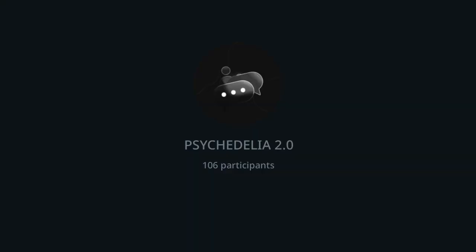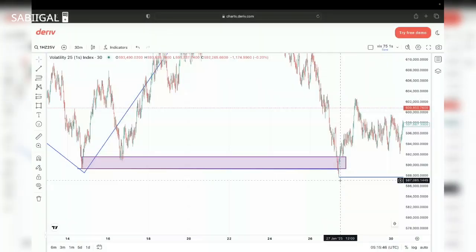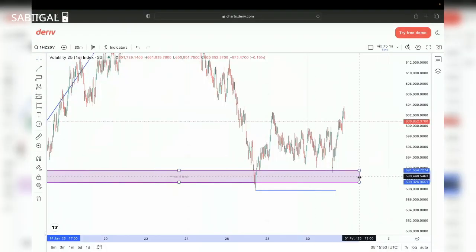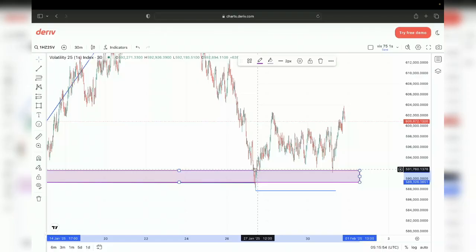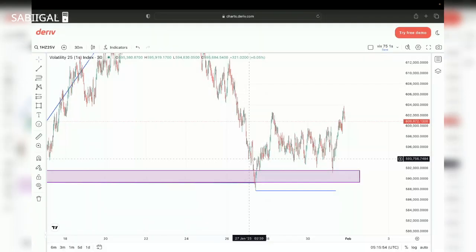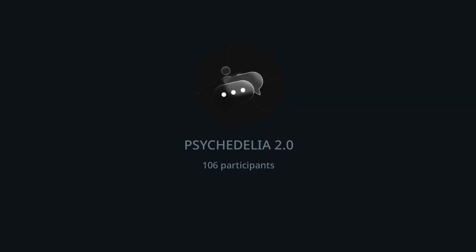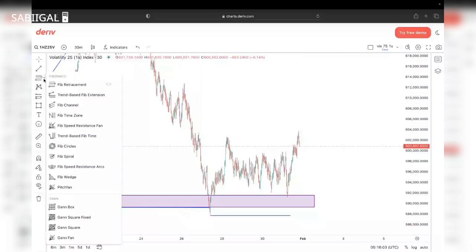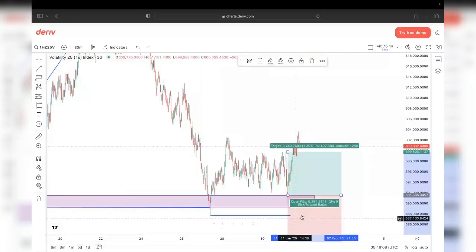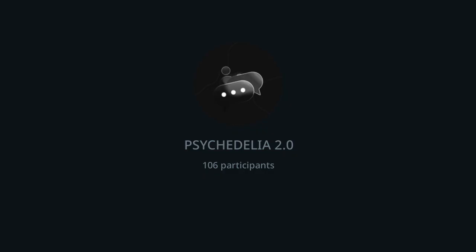So until this is taken out, anywhere you take your entry around here is fair enough. You can see that price had little or no reaction to the point of interest, came back to it, and I've been calling this trade since morning. It wasn't my student that brought it to my attention.